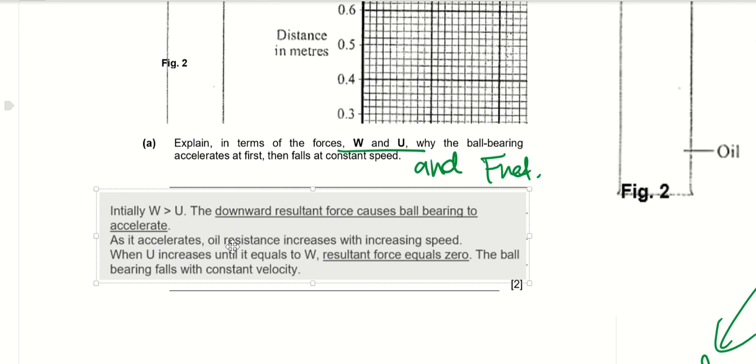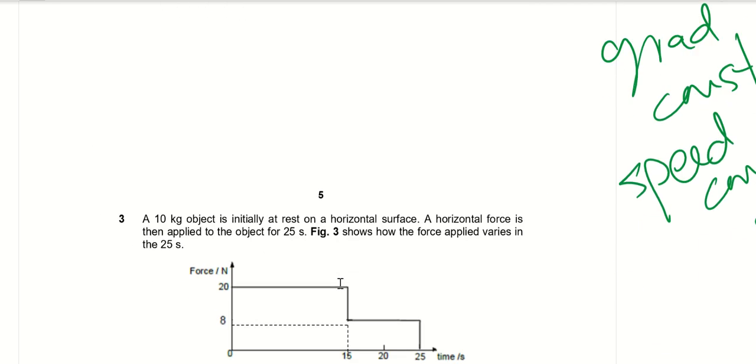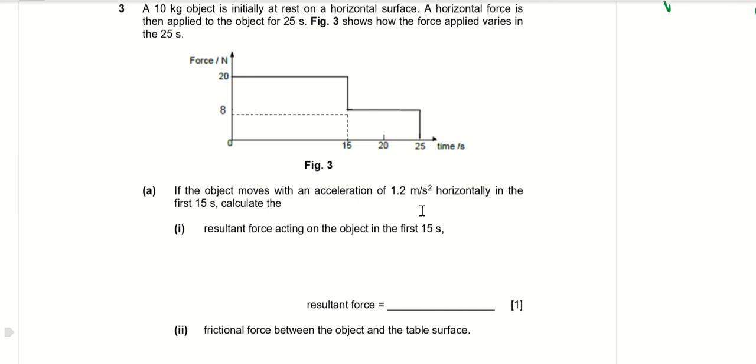Now as it accelerates, this is important, the oil resistance increases with increasing speed. When U increases until it equals W, U is my upward thrust due to the up thrust and the oil resistance. The resultant force will equal 0. So it will then fall with constant velocity.